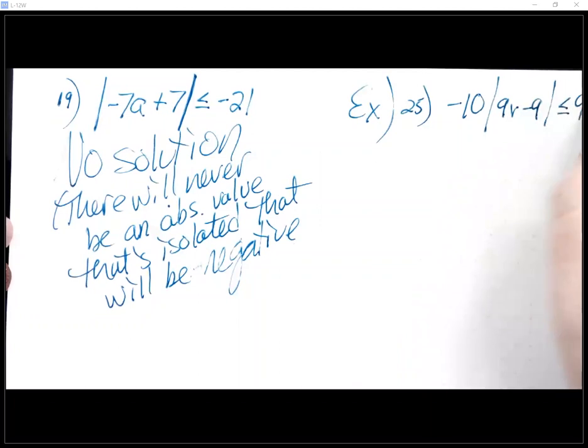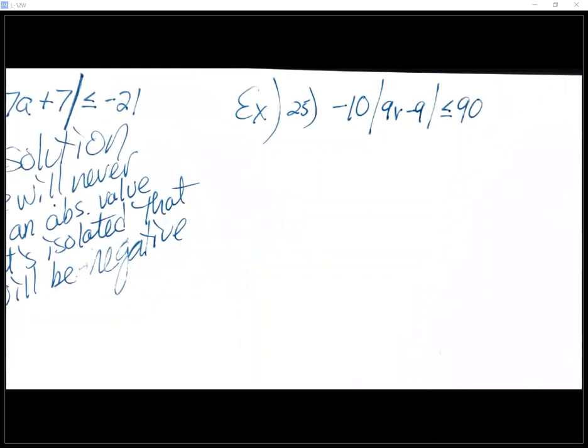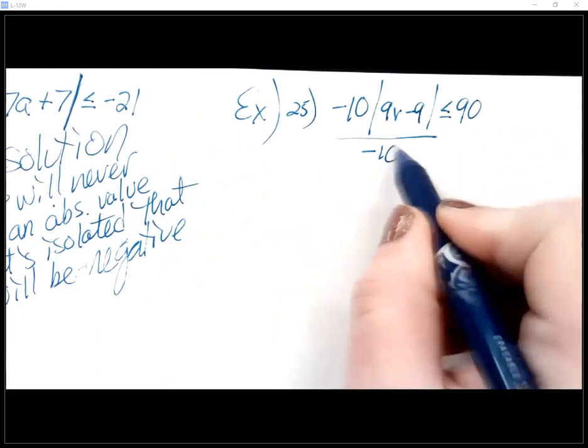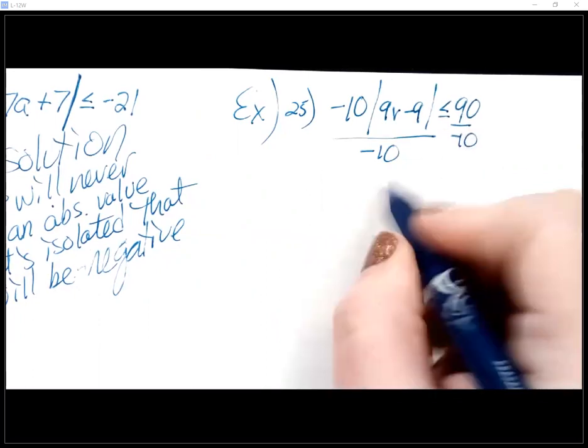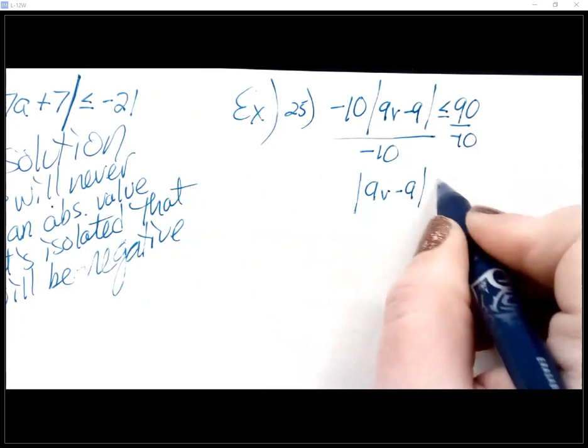This does not have its absolute value isolated yet, so we need to start off by doing that. Let's divide both sides by -10. What happens when you divide by a negative? You've got to flip the symbol over, and look what happens here: the absolute value of 9b minus 9 is now greater than or equal to -9.